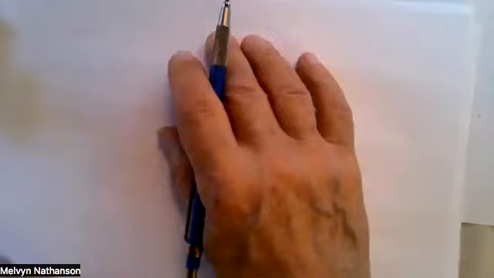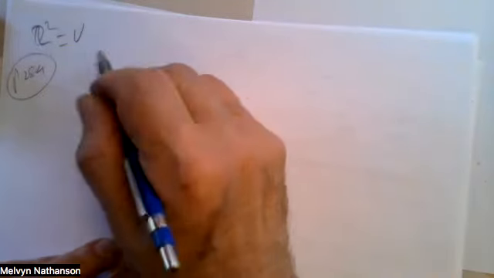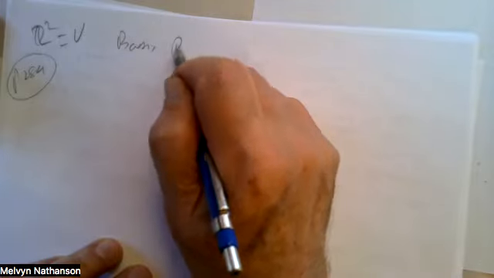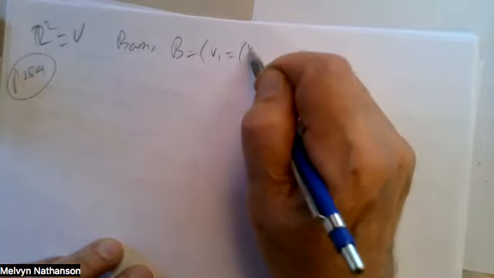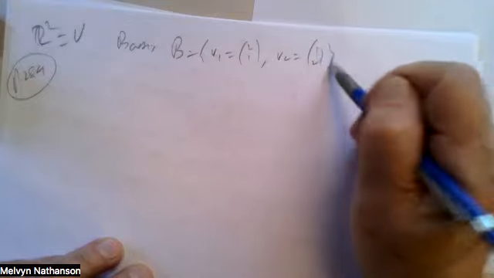Let's just see how it goes. Suppose we're in the vector space R2. What page is it on in the book? 284. And we have a basis for R2 consisting of the vectors V1, which is the vector 2, 1, and V2, which is the vector 1, 2.